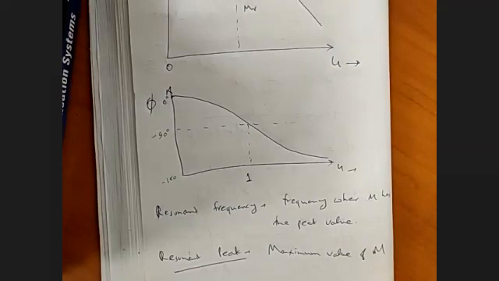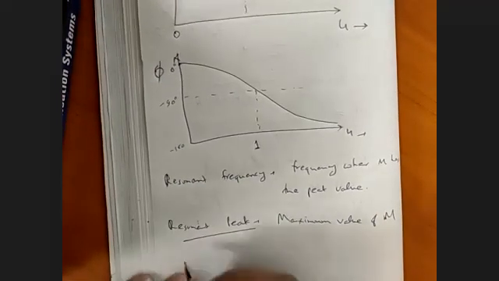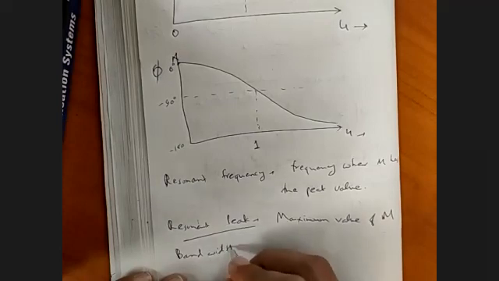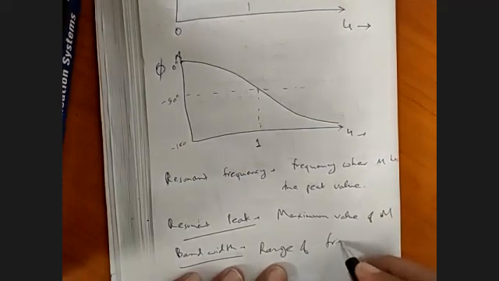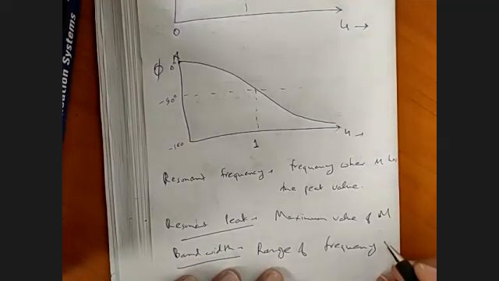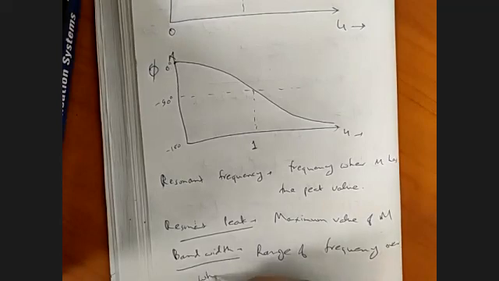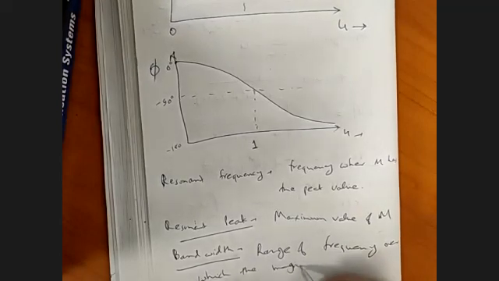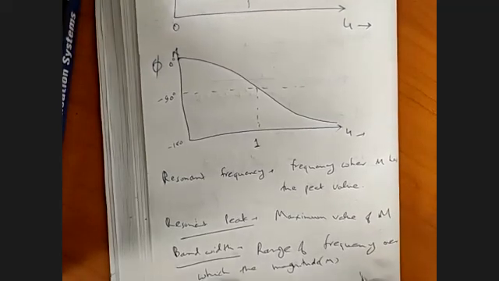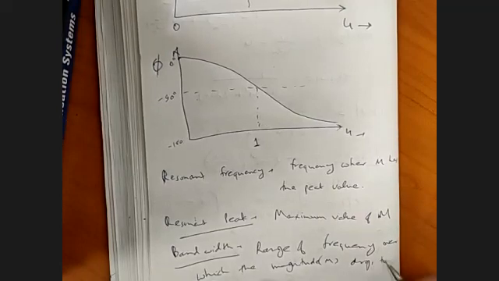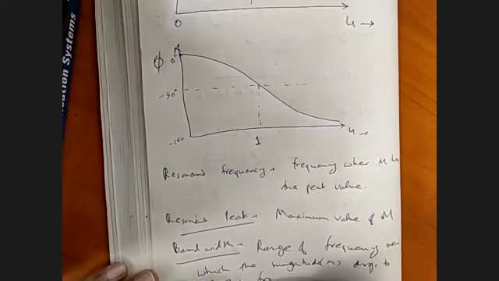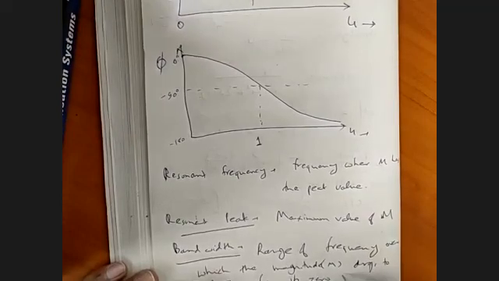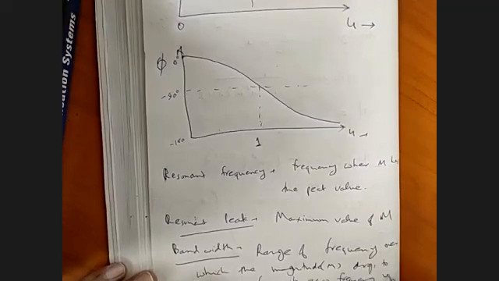The maximum value of M will be known as resonant peak, and then we have bandwidth: the range of frequency over which the magnitude M drops to 70.7% from its zero frequency value.